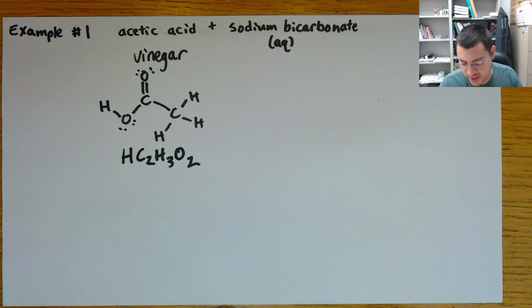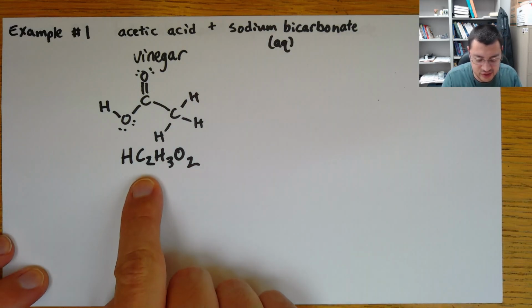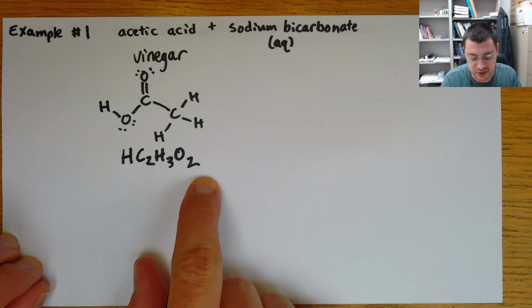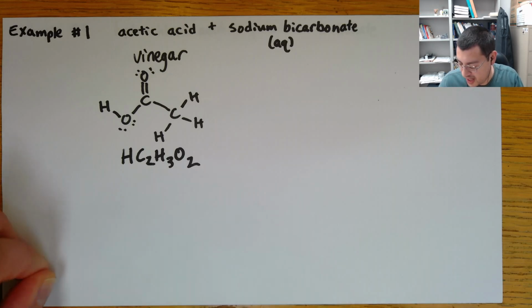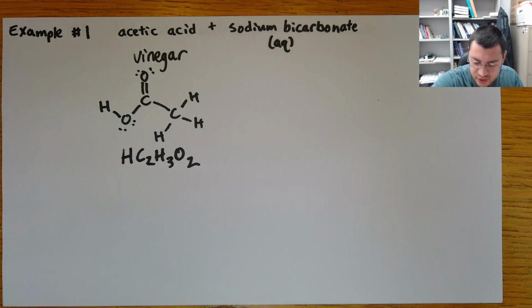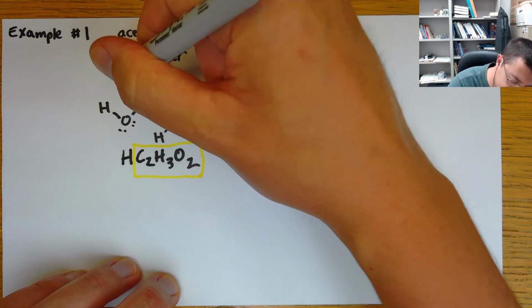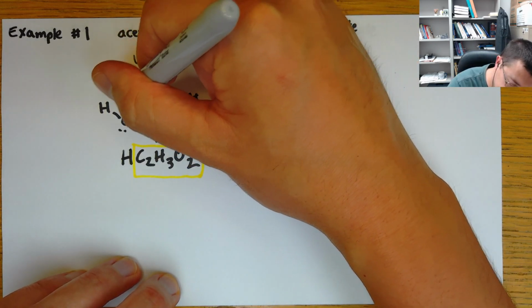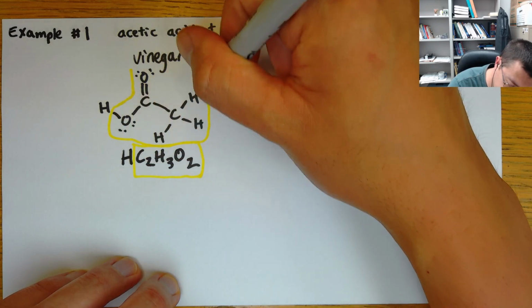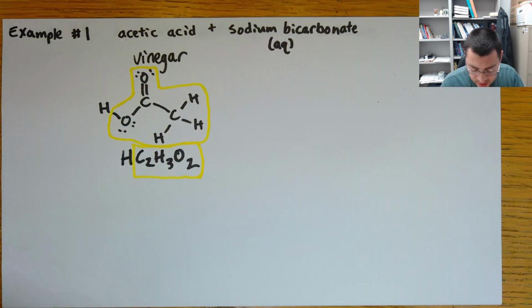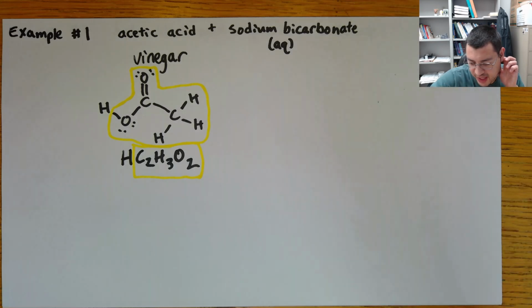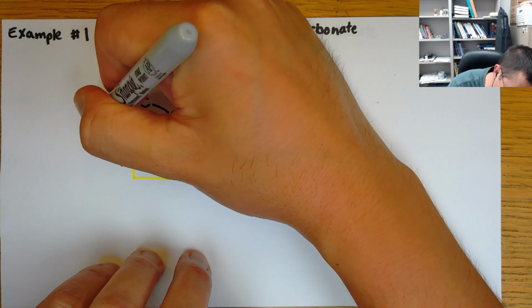And hopefully now I'm helping solve the mystery of why acetate is given this long and crazy formula of C2H3O2 minus, and that's because we are referring to this part of the molecule right here, whereas the H plus part is right here.